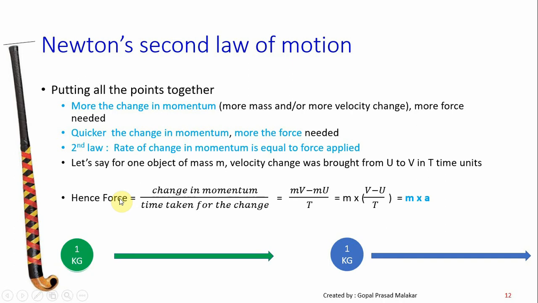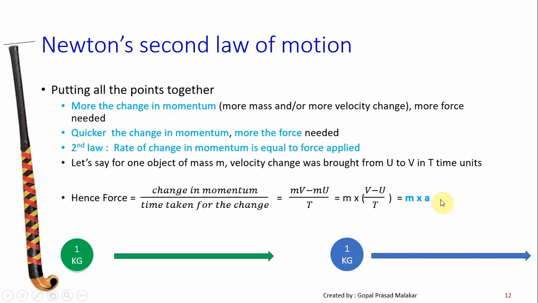If you have to do it in quick time, you'll require more force. So if an object moving with mass m has its velocity brought from u to v in t time, what is the change in momentum? mv is the final momentum, mu is the initial momentum, so mv minus mu gives the change in momentum. t is the time. m you can take out, so it's m(v minus u) by t. But v minus u by t is nothing but the acceleration.